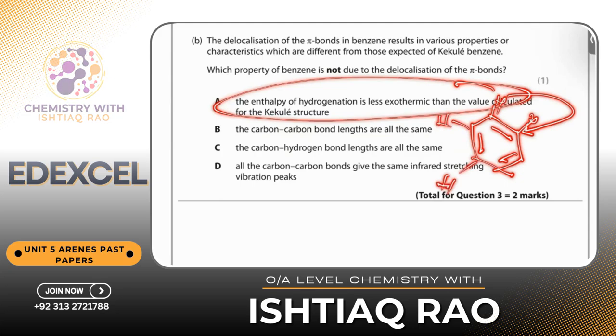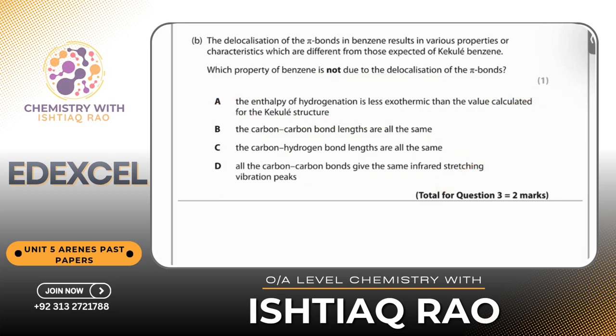When we add hydrogen, the double bond would be eliminated. When they are talking about the carbon-carbon bond length, the carbon-carbon means it's inside the ring. When they are talking about the carbon and hydrogen bond, yeah, this is not inside the ring. It's not due to the delocalization of the pi bond. So option C is correct.